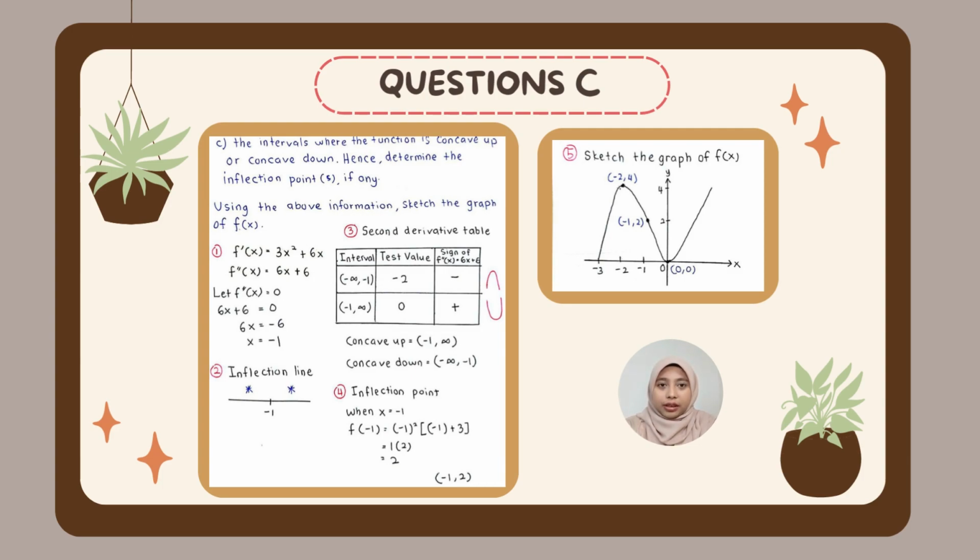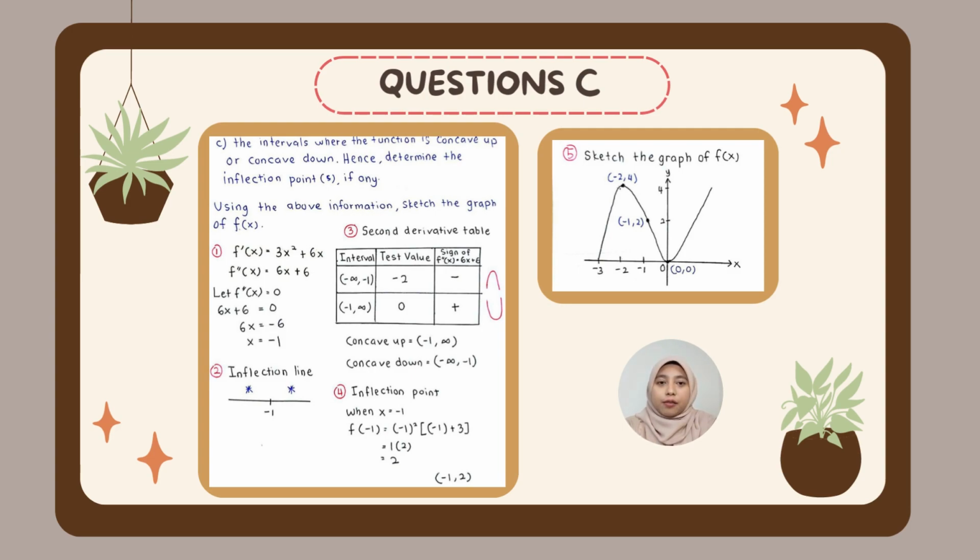For the interval, we write negative infinity to negative 1 and negative 1 to positive infinity. For the test value, for x less than negative 1, we choose negative 2, and for x more than negative 1, we choose 0.